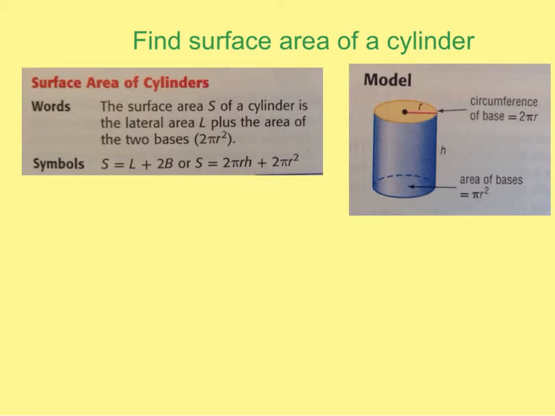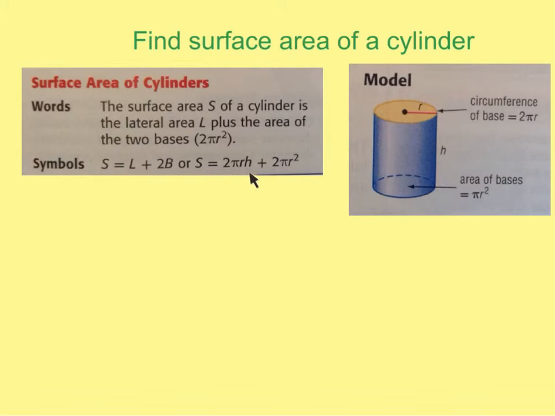To find the surface area of a cylinder, I'm looking to find all the faces, as well as the lateral face of this cylinder. So if I know the lateral area, I can just plug the lateral area in, and then add that to 2 times the number of bases, and that'll be the area of the circle, and times it by 2 because there's two bases.